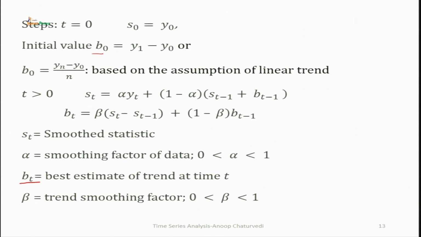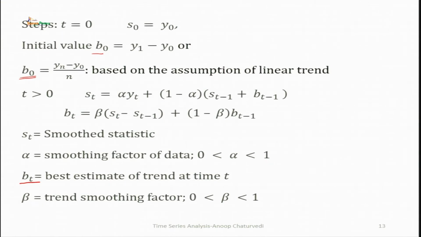So, (y n minus y naught) by n gives you the rate of change in y's per unit observation, you can say. When you move from t to t plus 1, this is actually the average rate of change in y's.